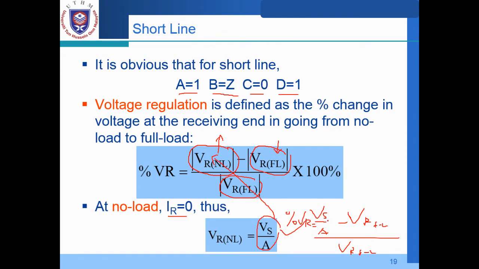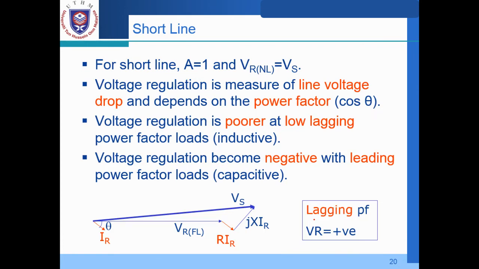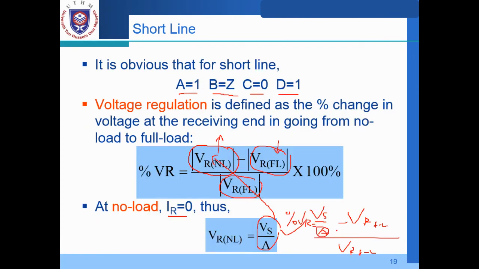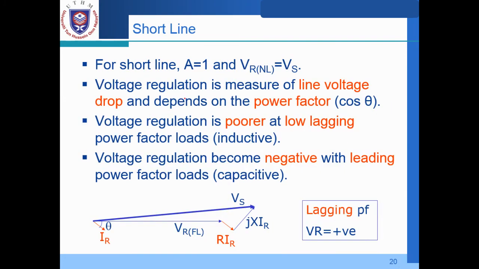VS means the sending voltage, and basically A equals 1. So we can simply write VS equals VR, a simple equation. For a short line, A equals 1 and VR at no load equals VS.